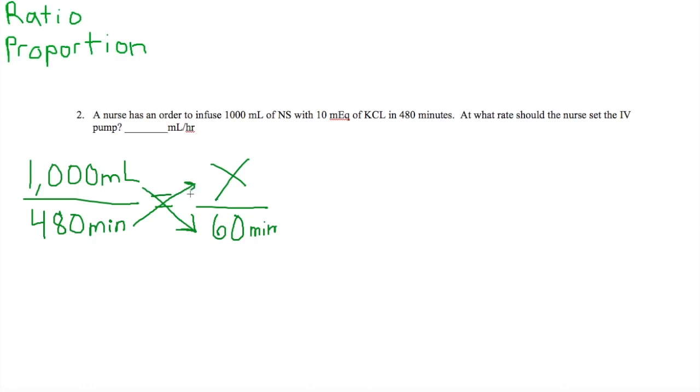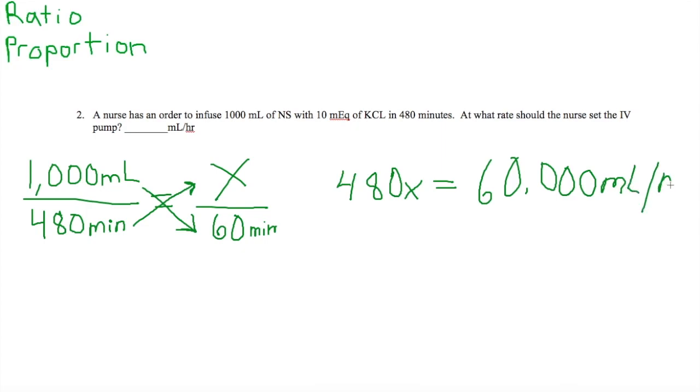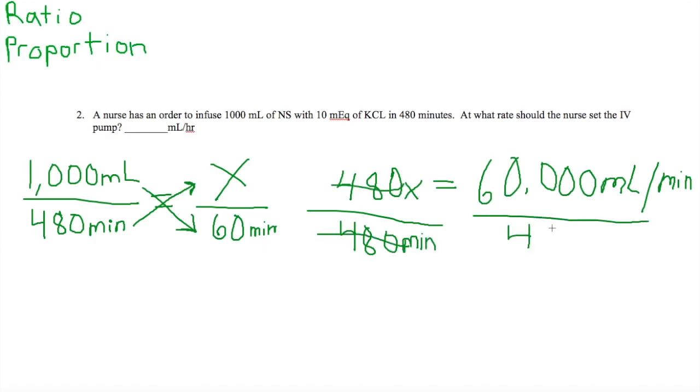We cross multiply and we are going to end up with 480x equals 60,000 mils per minute. We divide both sides by 480. 480 just cancels out on the left side. On the right side, we get 60,000 mils divided by 480 minutes, and that's going to give us 125 mils per hour.